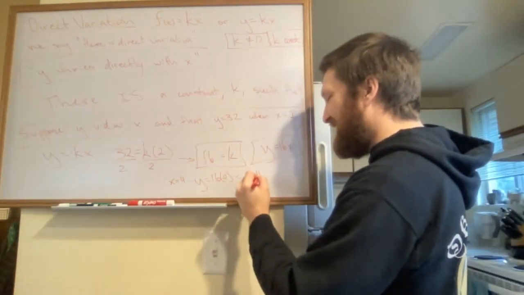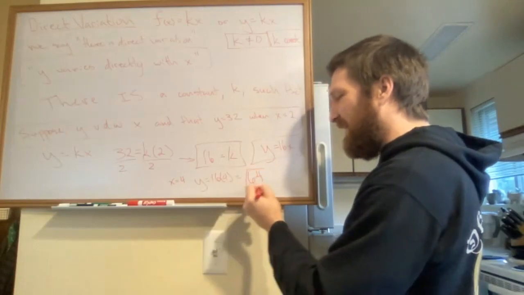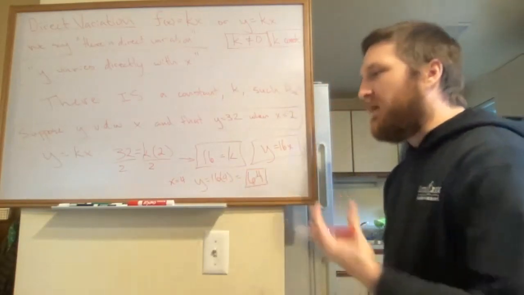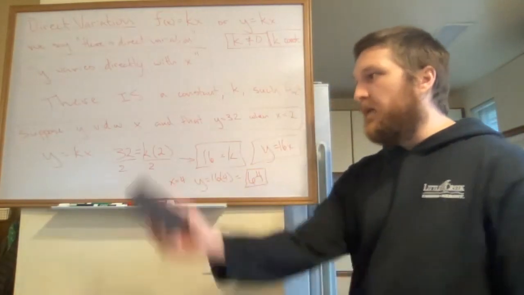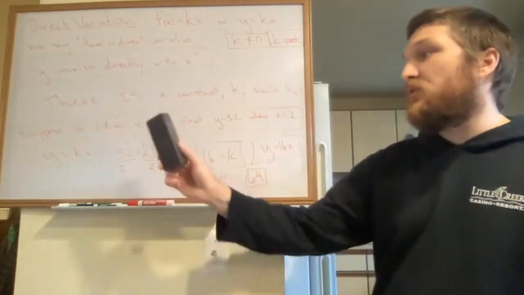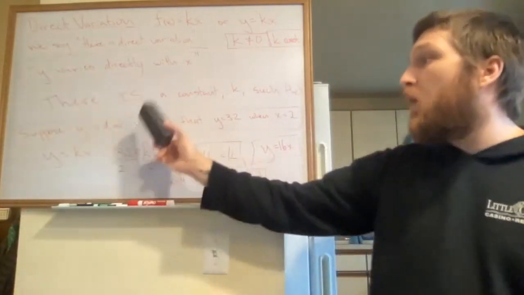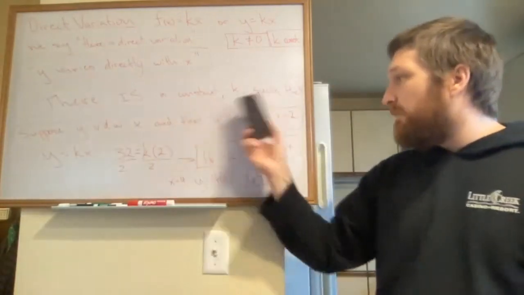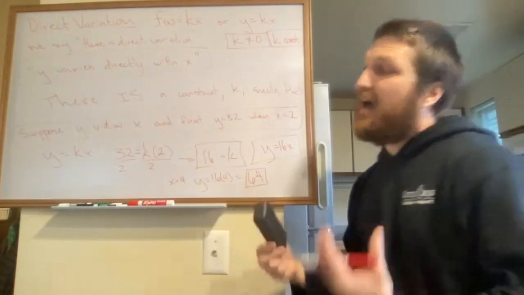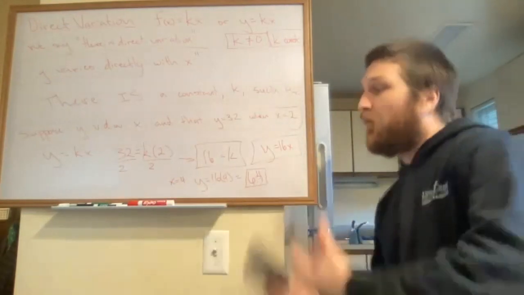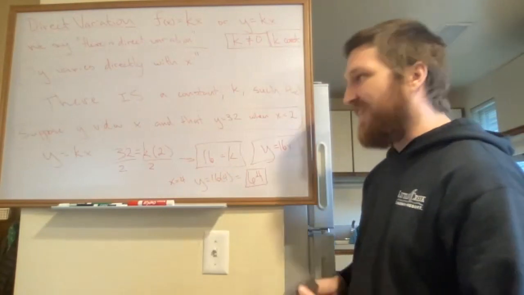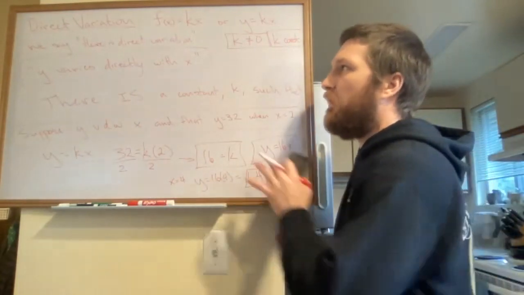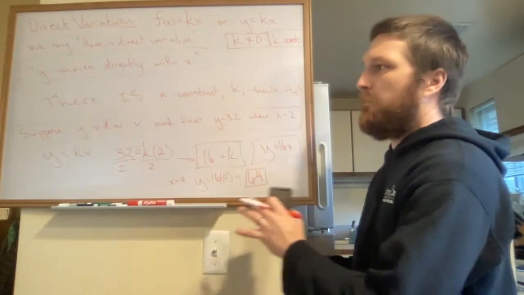Y is equal to 64. And that's pretty much what half of your homework is going to be. I'll say y varies directly with x, or height varies directly with weight, and predict the height when the weight is 4. And then you do this type of thing, and that's that. You following so far? Yes.